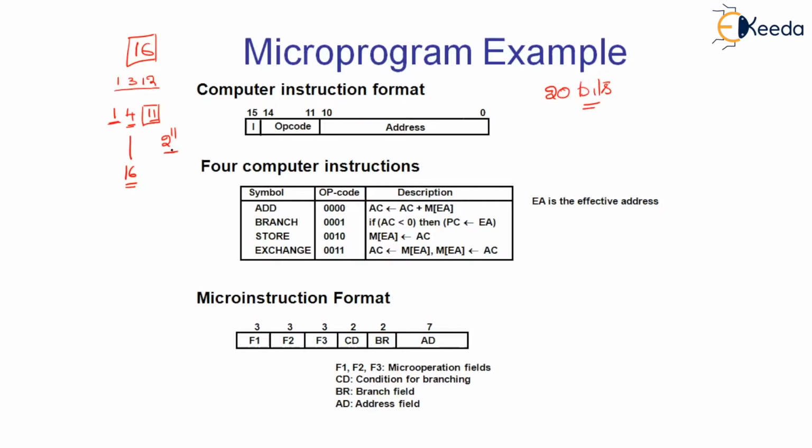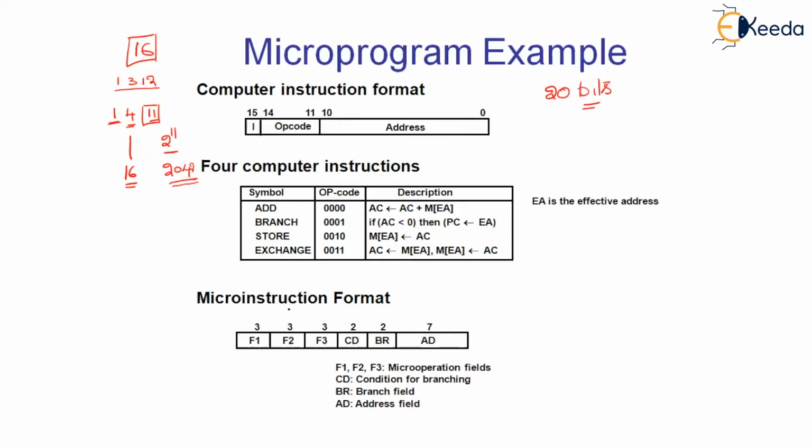It is not 2 power 12. 2 power 11 is 2048. So our main memory size is equal to 2048, and the CPU does support a total of 16 machine language instructions that are opcodes. Now, this is our regular instruction format, rather the modified instruction format.